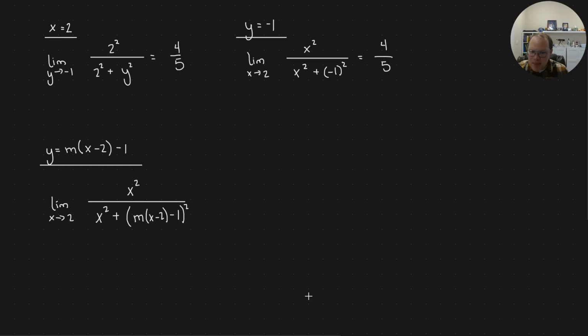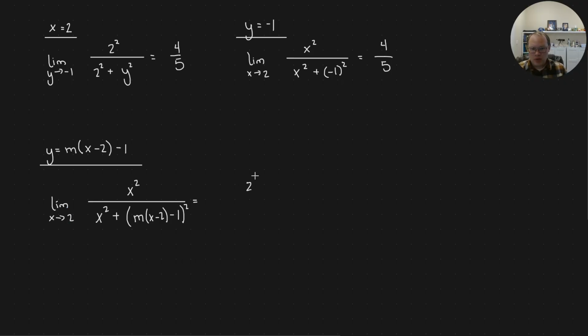Okay, it looks like a mess. It's not that bad because, again, if I just plug in 2, I don't get an indeterminate form. I don't get 0 over 0, I don't get infinity over infinity, nothing like that. So I can just plug in 2 to evaluate the limit. It is continuous when x is 2.